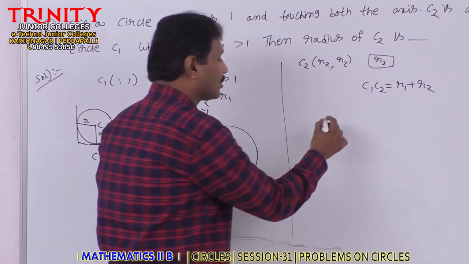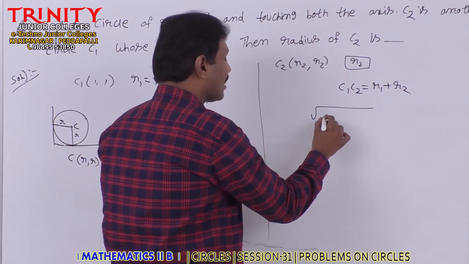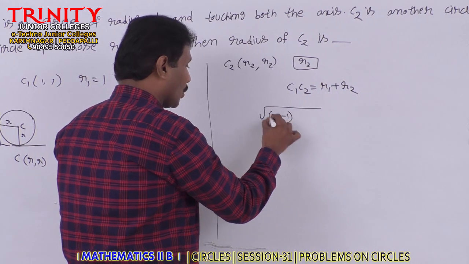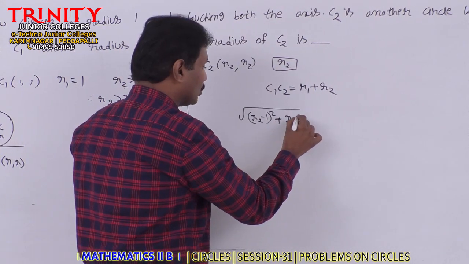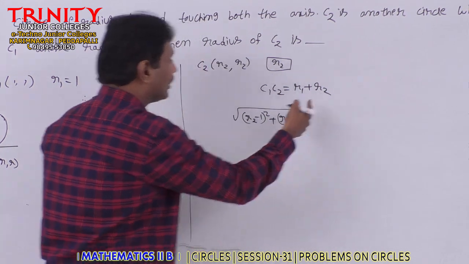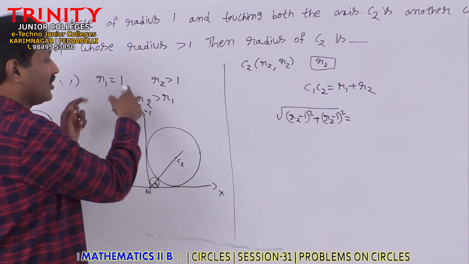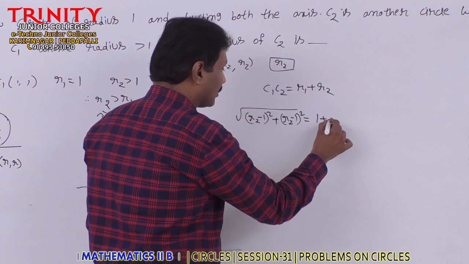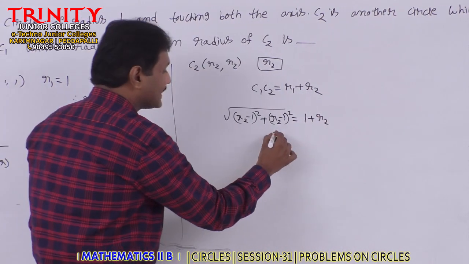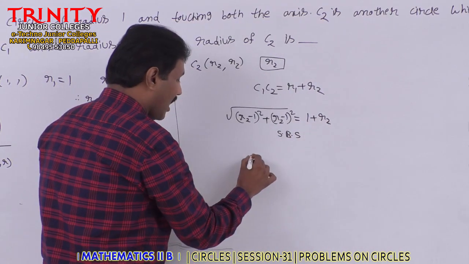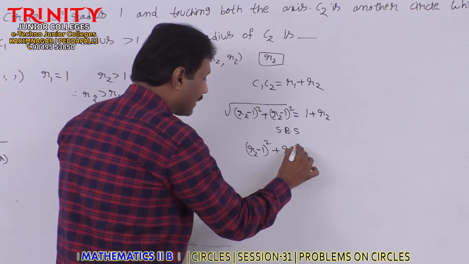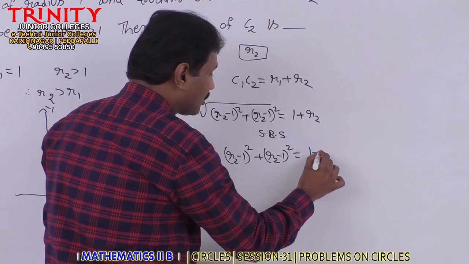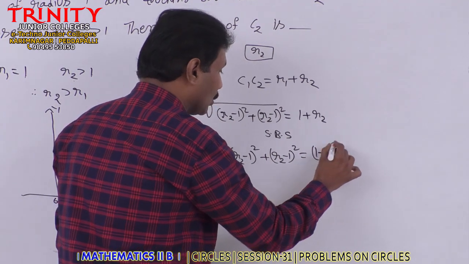The distance between the two centers, C1C2, equals square root of (R2 minus 1) whole square plus (R2 minus 1) whole square, equal to R1 plus R2. R1 value is 1, so 1 plus R2. Squaring both sides: (R2 minus 1) whole square plus (R2 minus 1) whole square equals (1 plus R2) whole square.